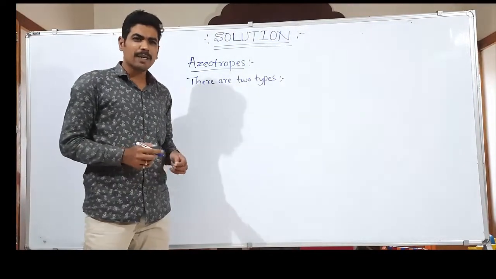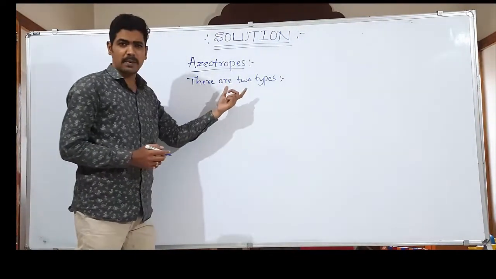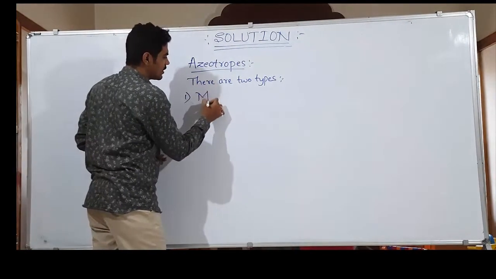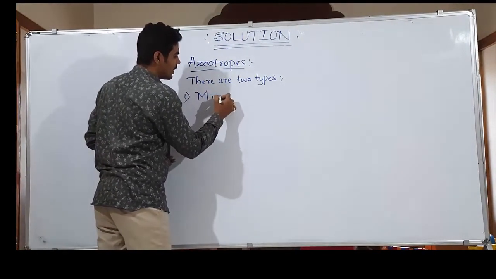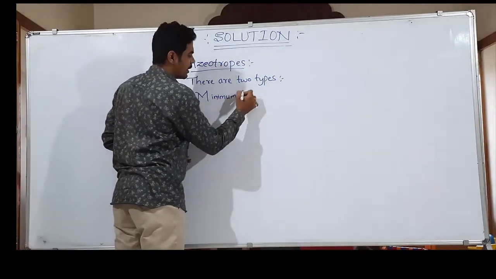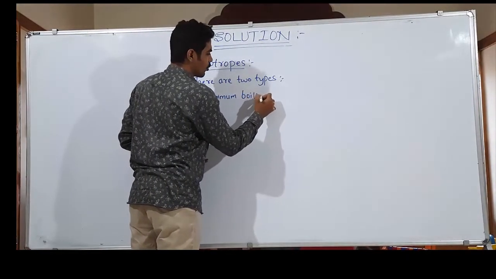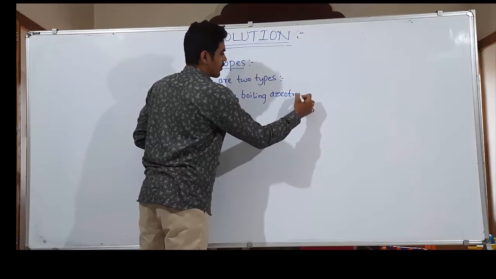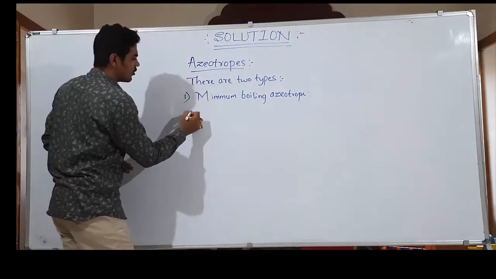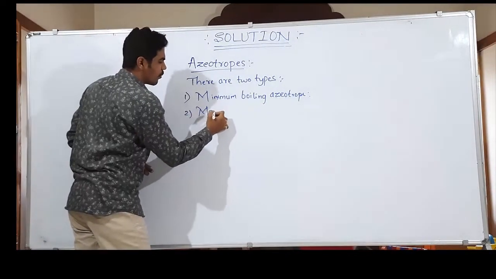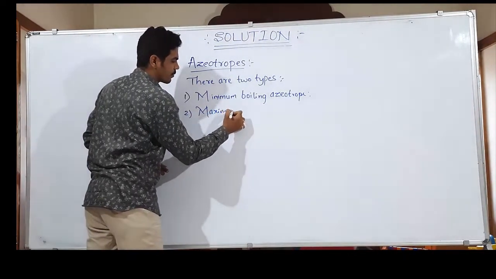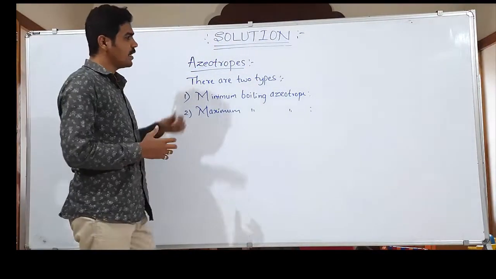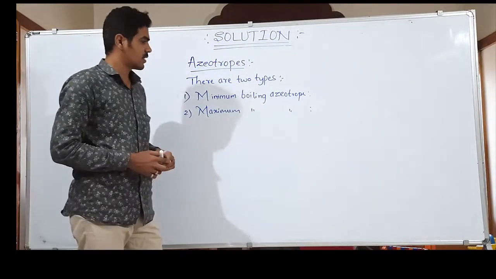In azeotropic mixtures, there are two types. The first type is minimum boiling azeotrope. And the second one is maximum boiling azeotrope. So these are the two types of azeotropic mixtures.